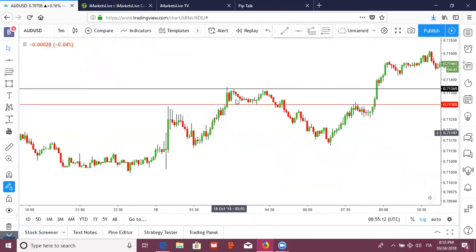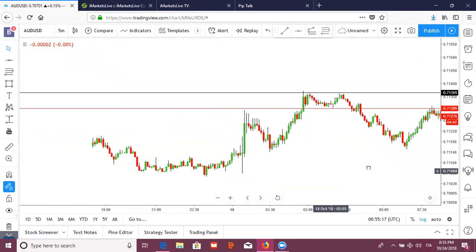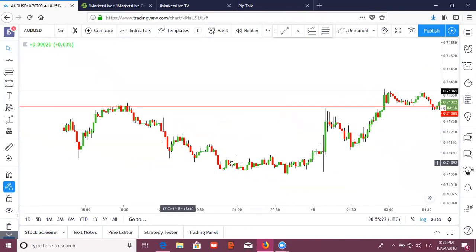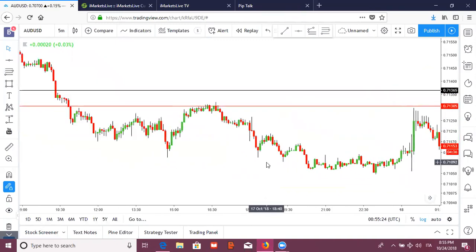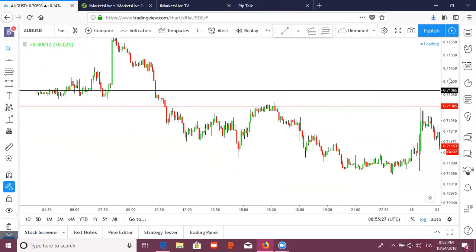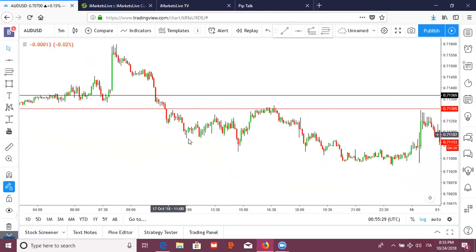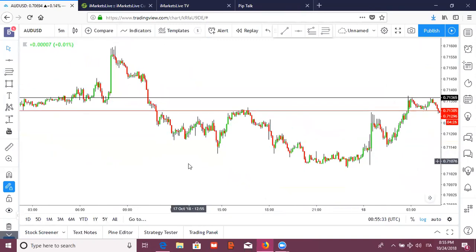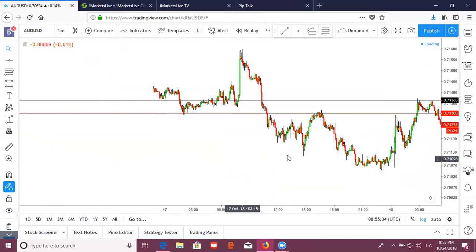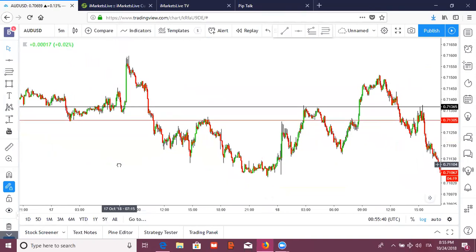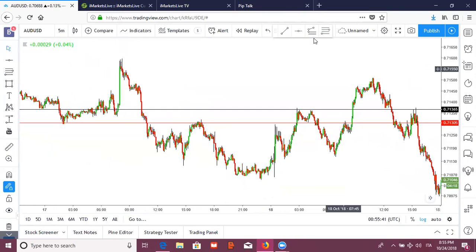This looks like a failed one because it didn't complete at the 78.6. See if I can find one more for you guys. Okay, let's see.